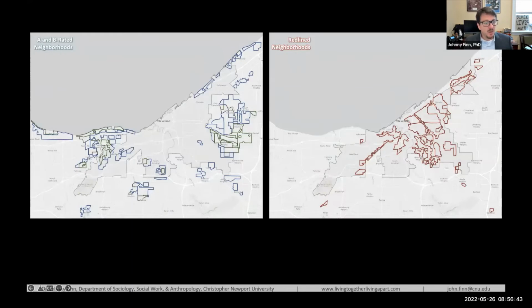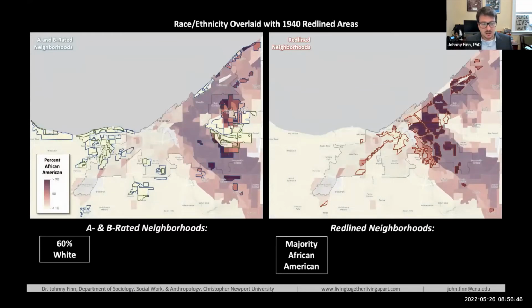Then I started overlaying it with contemporary data from the American Community Survey, the most recent vintage of data from the ACS that's available. What you can see is that the lines created in the redlining map in 1940 are largely still the lines of the racial geography of the city and the broader county today.